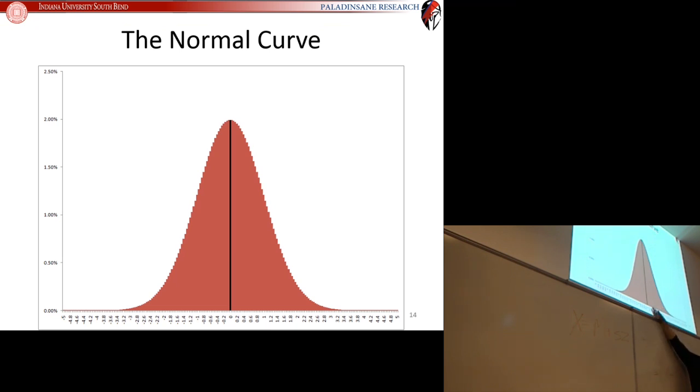Many measures in a population fall on a normal curve. So for example, height falls on a normal curve for humans. IQ falls on a normal curve for humans. So many things can be described by the normal curve, and we'll see why in just a moment.